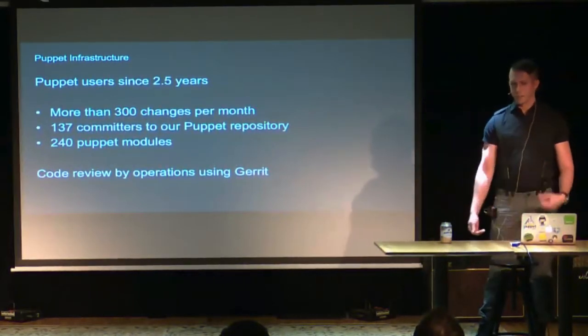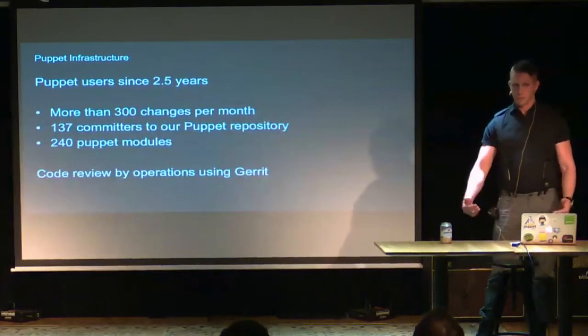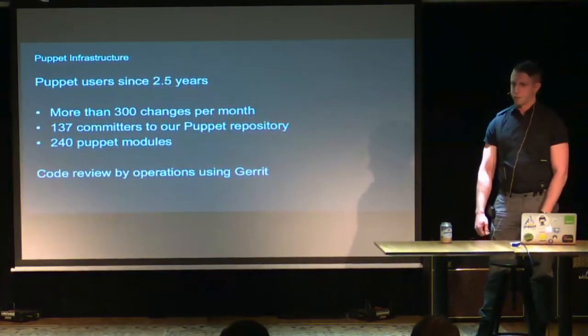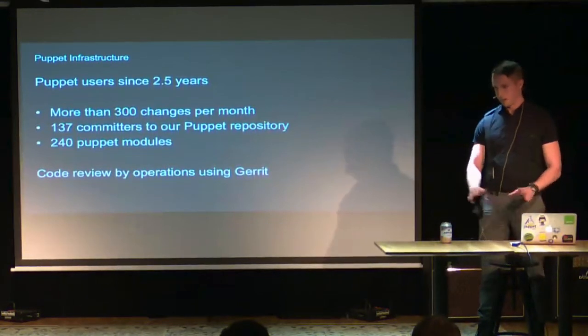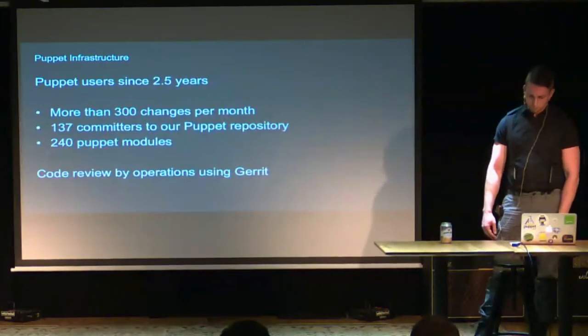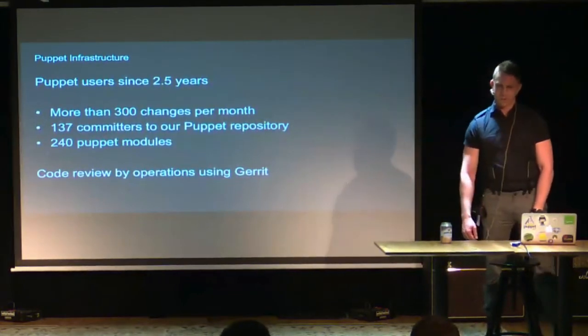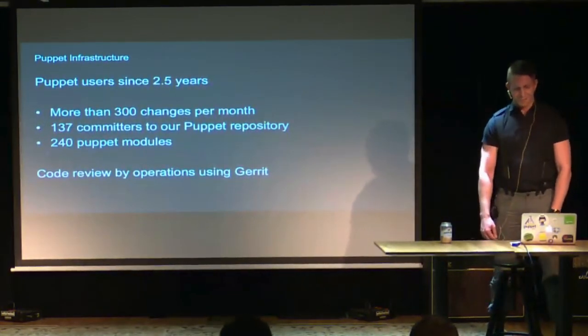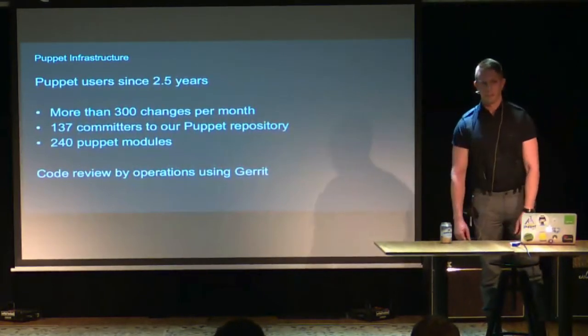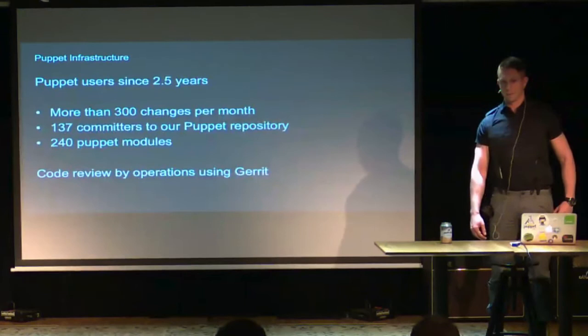They're running every half an hour, so within half an hour, they have the new code. And on average, we do around 300 changes to our Puppet code base per month. So that's quite a lot of changes all the time. And there's actually 137 people that have committed code into the Puppet code base as well.